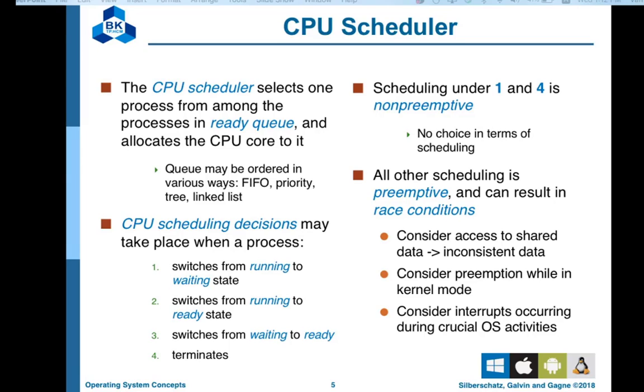Okay. So returning to the scheduling. Non-preemptive means that when a process is allocated the CPU, it will keep this CPU until it terminates or it releases it for an I/O task, for example.